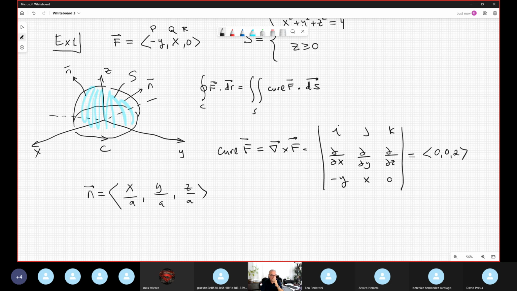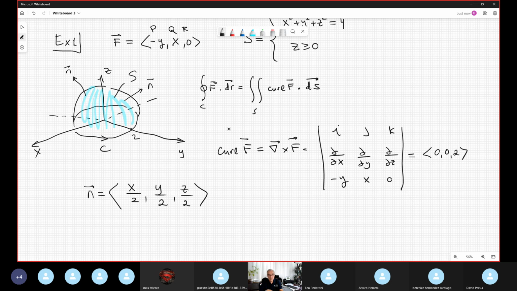And who is a? A is 2. Actually, the normal vector is x over 2, y over 2, and z over 2.